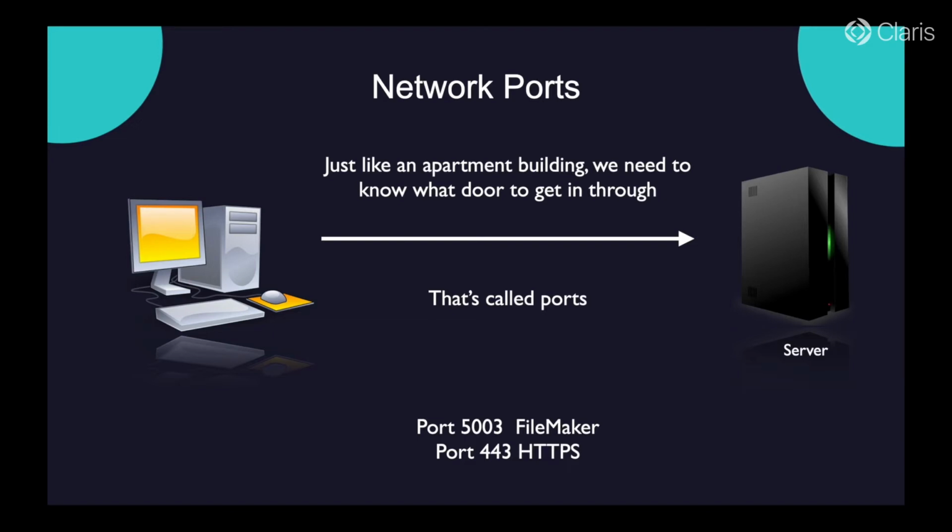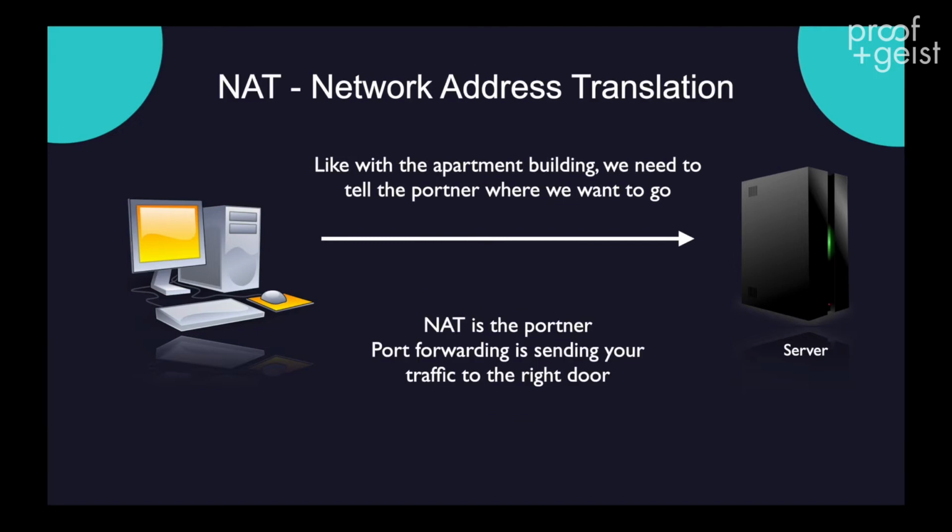And that is just like an apartment building where we need to know what door we can get in through. So for FileMaker Server, it is much easier nowadays. We only have port 5003 for FileMaker and 443, which is the HTTPS, so that is the web ports. So that is the ports, so you need to have those open in order to get in.